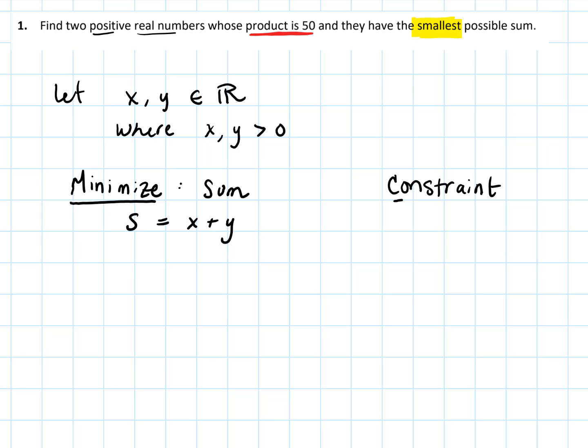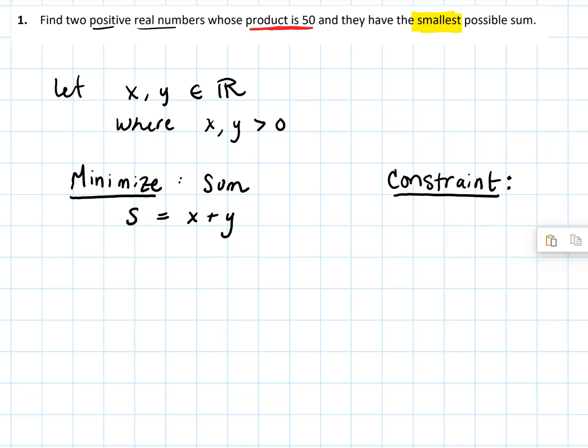Remember, the process we just went through is to determine your objective function, what you're trying to minimize or optimize, in this case minimize, and then what is the constraint or constraints that are given on the variables. In this case, the constraint is that the product has to be 50. So x times y has to be equal to 50. So that's the constraint.